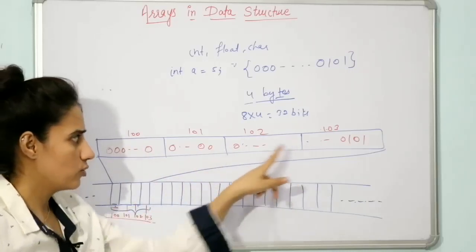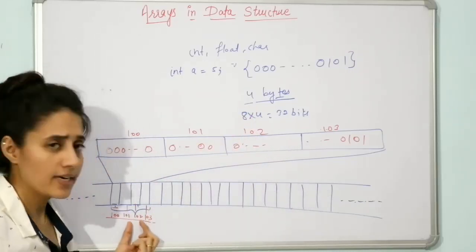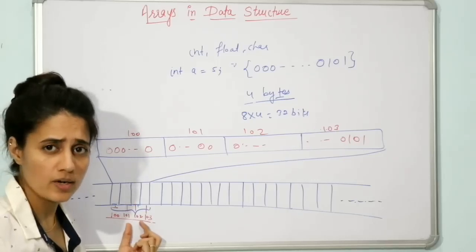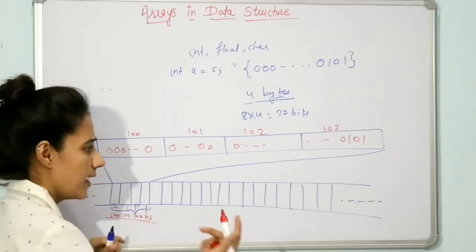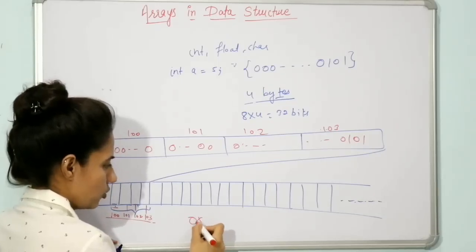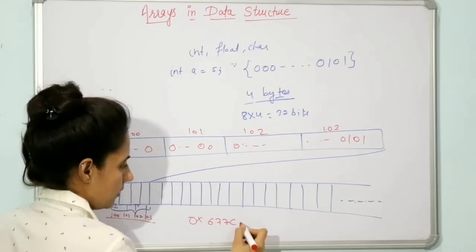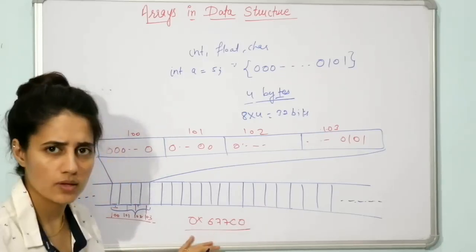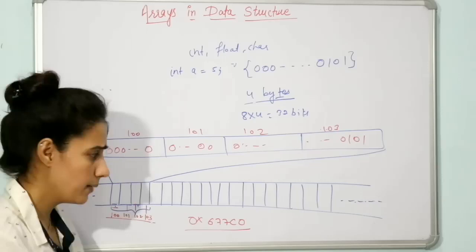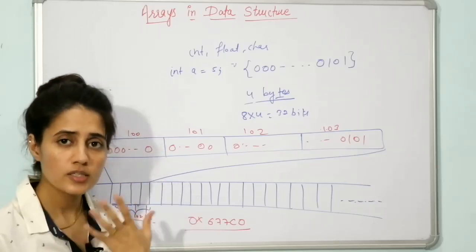These 4 bytes are used to store this integer. This address would always be in hexadecimal form, not like 100 or 1000. Hexadecimal is represented with the prefix 0x, followed by something like 677 or C and 0. In this form the address would be there, but here I am taking just 100 for simplicity. So now we will discuss what is the need of array.